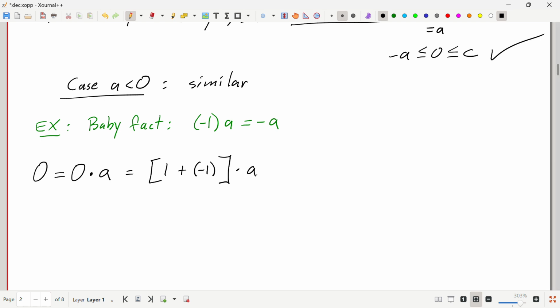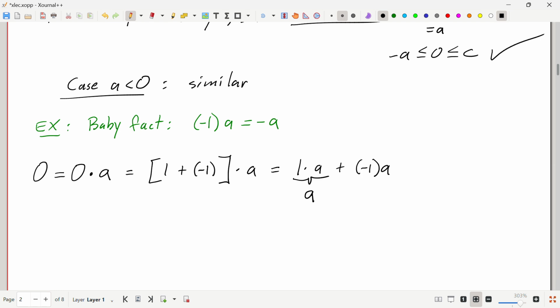And there's a distributive law of multiplication. And so 1 plus minus 1 times a is 1 times a plus minus 1 times a. And 1 times a is equal to a. And so I see that a plus minus 1 times a is 0.